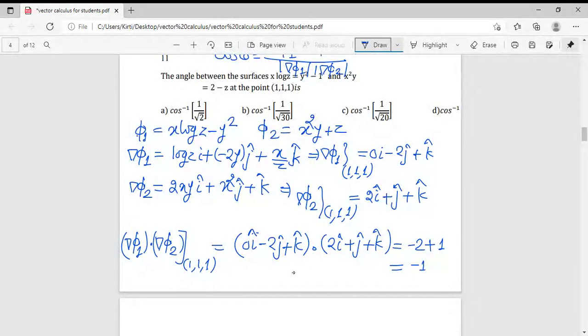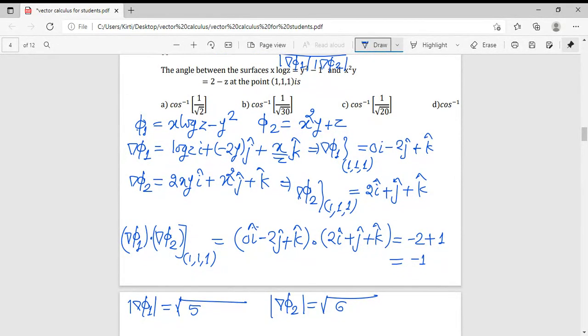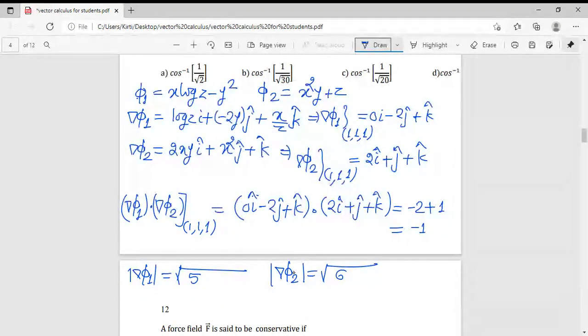Now let's find the magnitude of del phi 1 at the given point. The magnitude will come out to be under root of 0 square plus 4 plus 1, so under root 5. The magnitude of del phi 2 is under root of 2 square, which is 4, plus 1 plus 1, so under root 6. The product of these is under root 30.